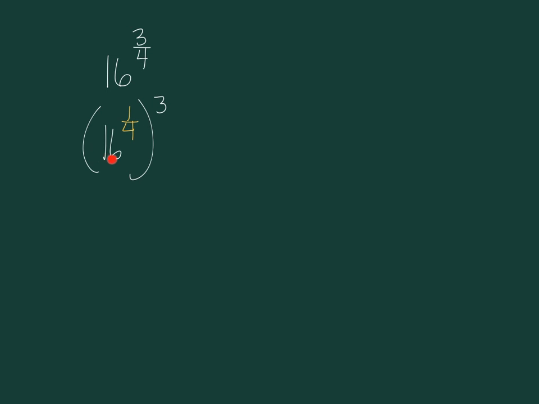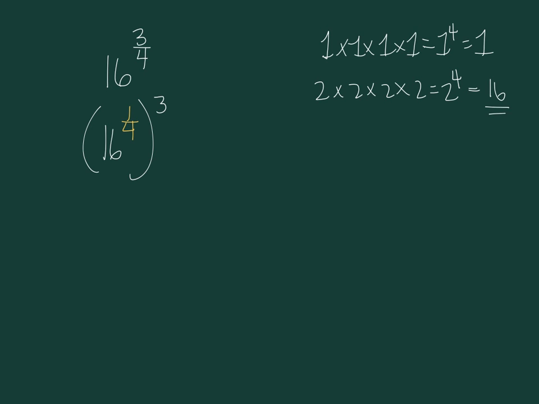Now I'm looking for a base number multiplied by itself 4 times that gets me 16. Starting with 1 times 1 times 1 times 1, which is 1 to the 4th, that's just 1. Now let's go 2 times 2 times 2 times 2, which is 2 to the 4th, which is equal to 2 times 2 is 4, times 2 is 8, times 2 is, aha, there it is.